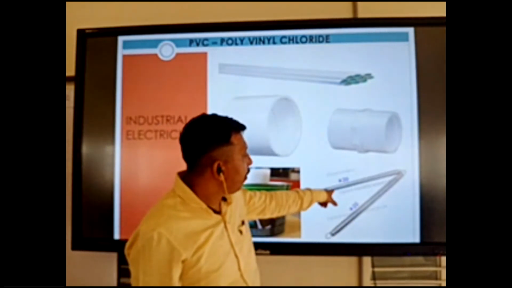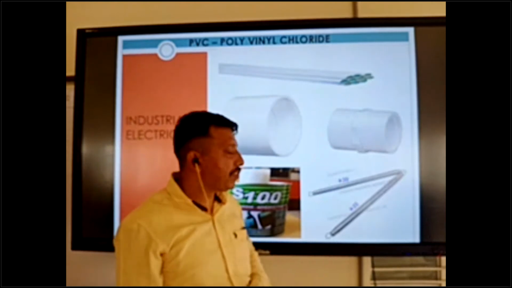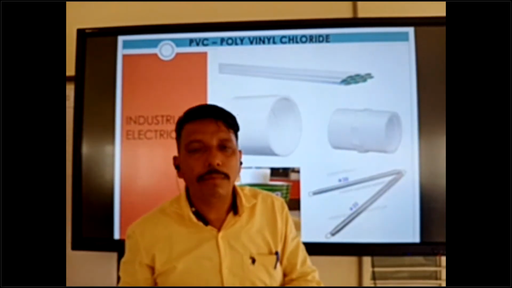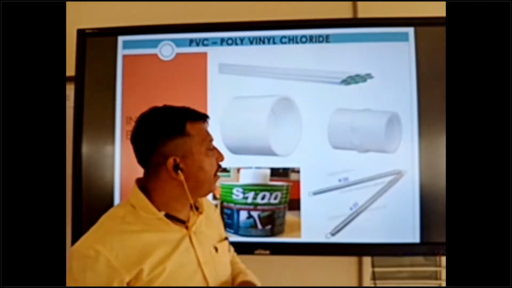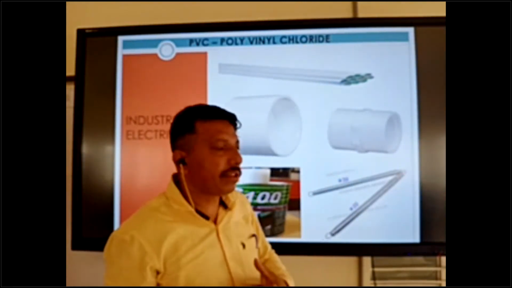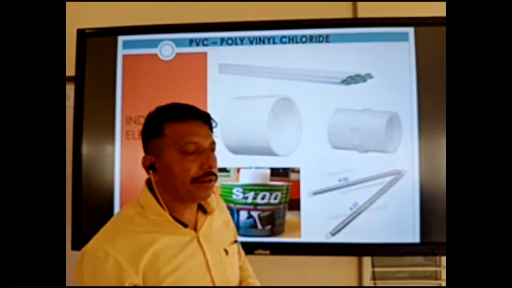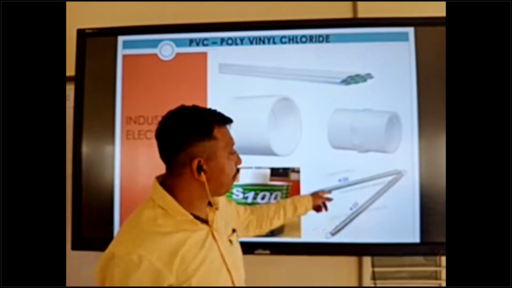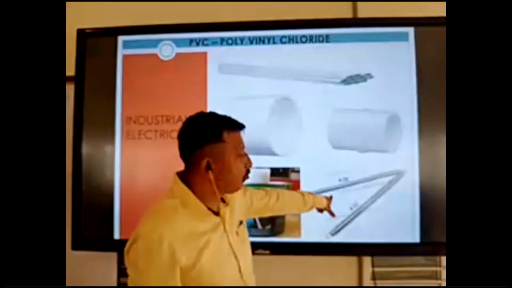If using 20 mm conduit, you use a 20 mm. Same size, no change of size. So for PVC pipe bending we use a spring bender. Many interviews ask these questions: for PVC bending, which type of bender is used? You can tell them the spring bender.